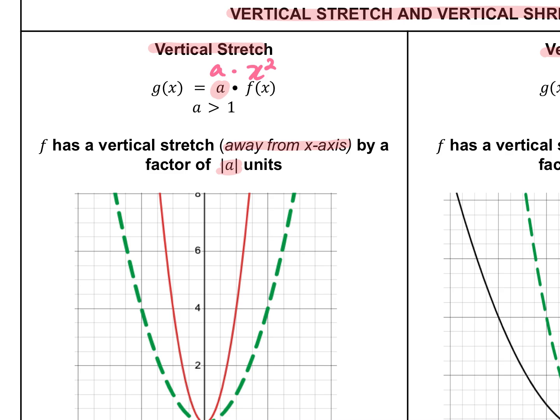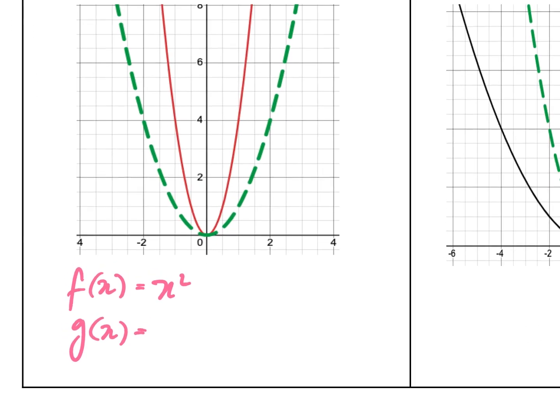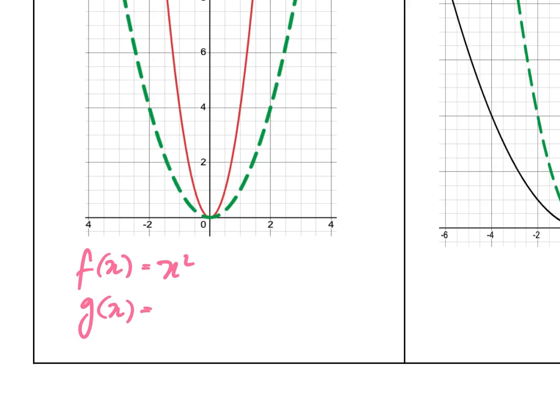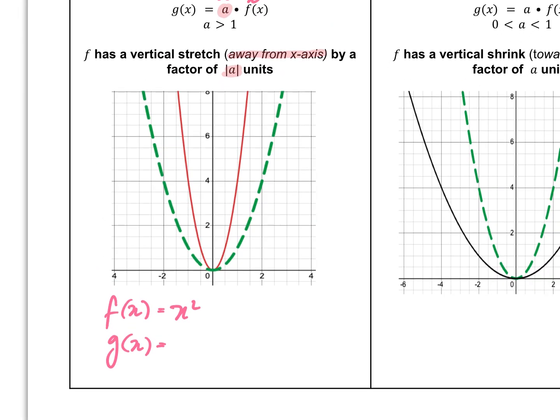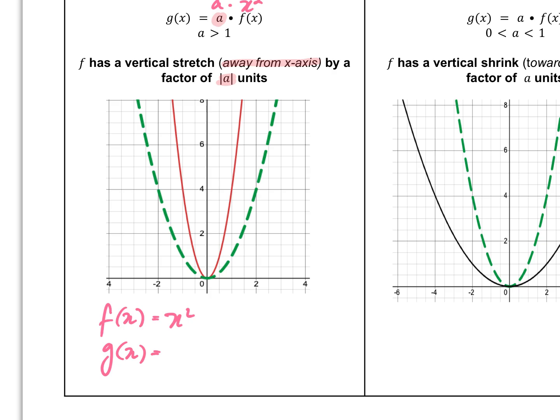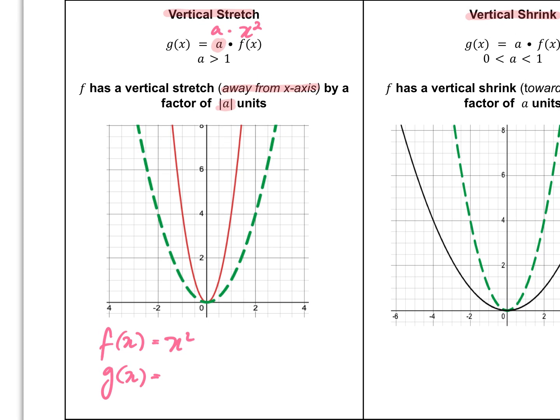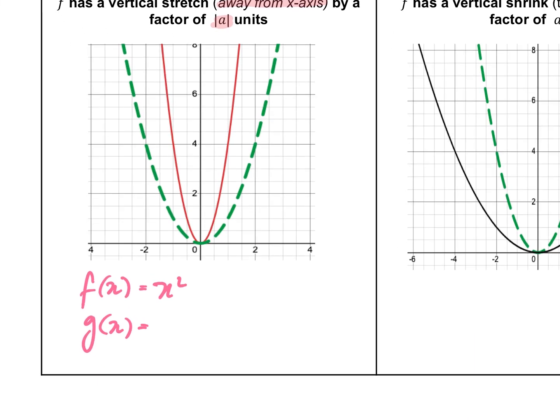So let's give some examples. Say, for example, our g of x in here is going to be, let's give a sample value of a. Let's think of a number greater than 1. So maybe 3 or 4. 3. Oh, 3 multiplied by x squared.